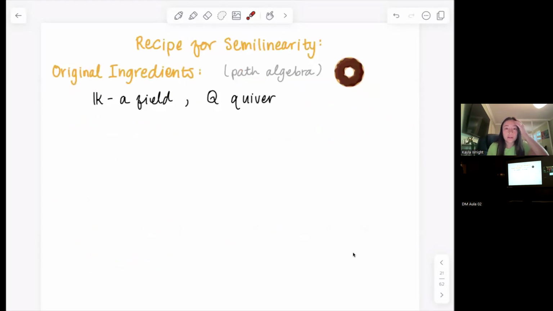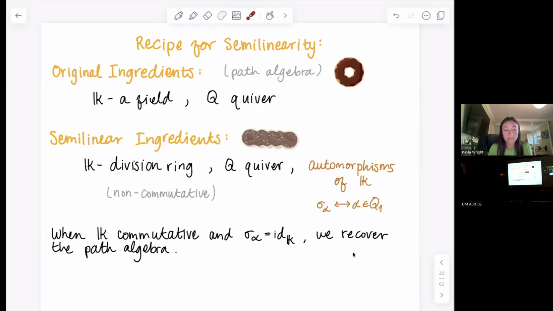Okay, so here's the recipe to get a semilinear path algebra. Our original ingredients for the path algebra were a field and a quiver. For the semilinear ingredients, we're going to take a division ring. So we're going to allow for some non-commutativity of the elements that are going to be put on the vertices of the quiver. We're still going to have an underlying quiver, and then we're also going to endow it with a little bit more information.